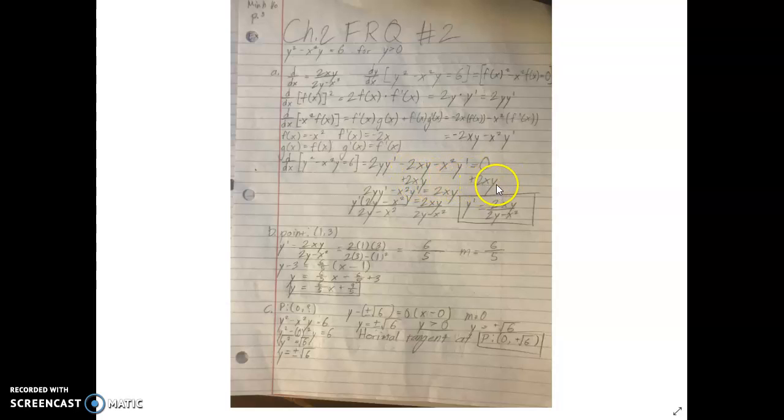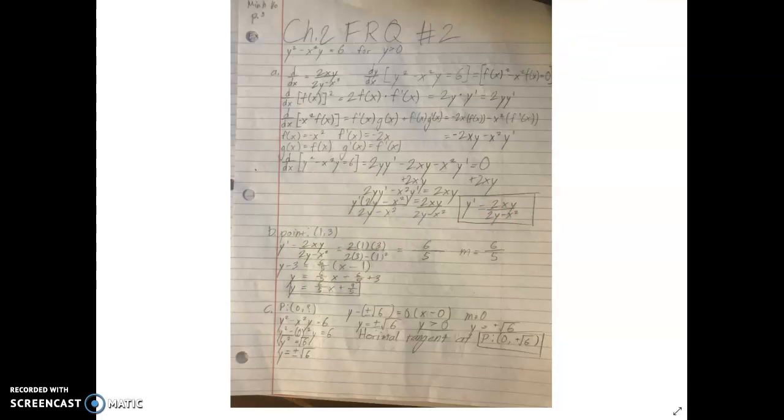So I moved over 2xy, and so I isolated the y prime from these two parts. I removed y prime from both and was able to divide both sides by 2y minus x squared. And so I was able to prove y prime is equal to 2xy over 2y minus x squared. And that's how you do A.